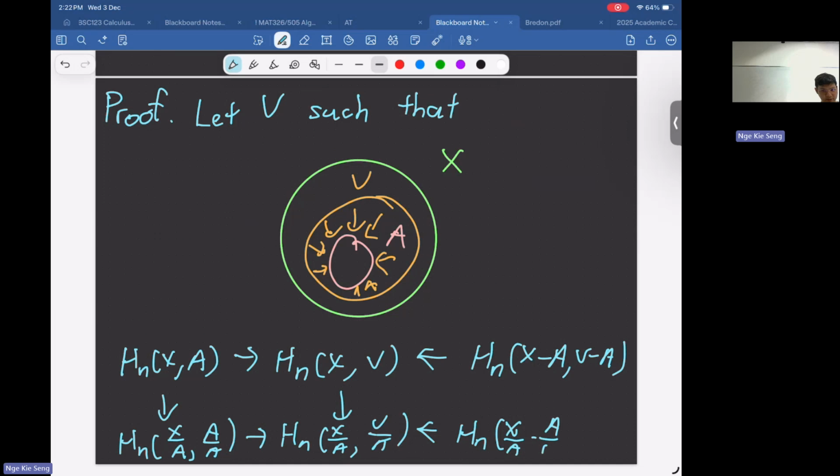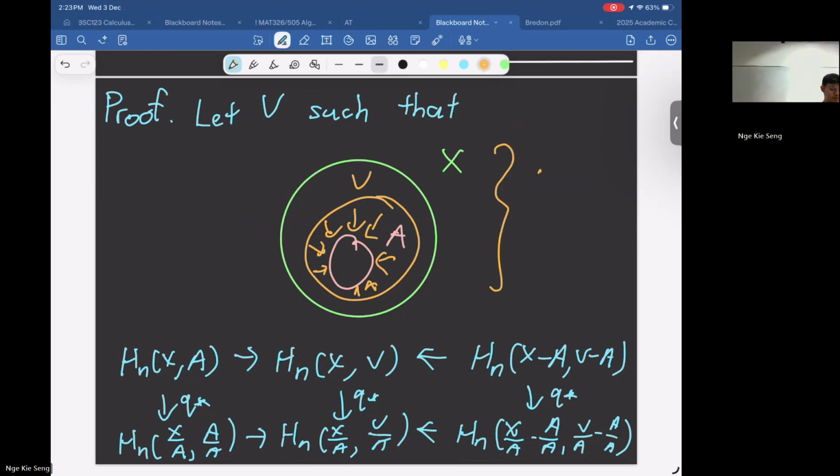Try and see where they come from. The hint is this picture here. You need to consider the long exact sequence coming from the triple.